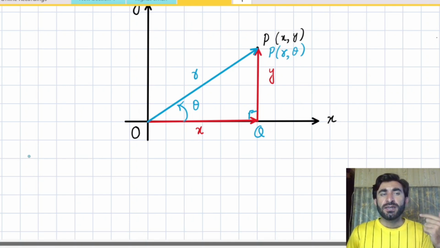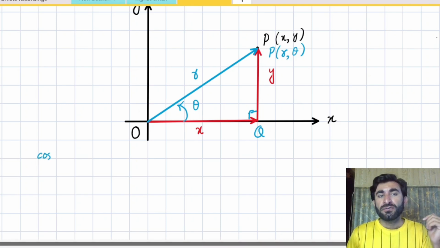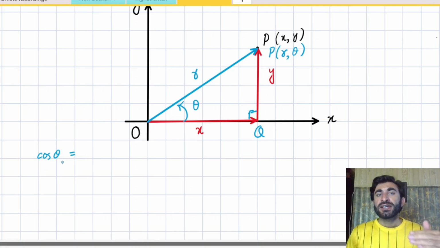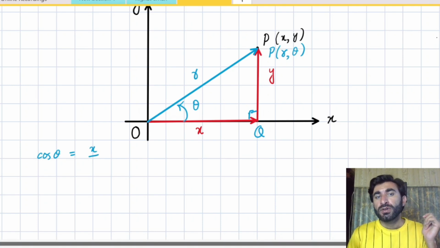In the right triangle OPQ, we can just apply the trigonometric ratios. I can use cosine of theta is equal to, since cosine of an angle is adjacent to the angle divided by hypotenuse. So adjacent to the angle is x and hypotenuse is r, because hypotenuse is the side opposite to the right angle, right?